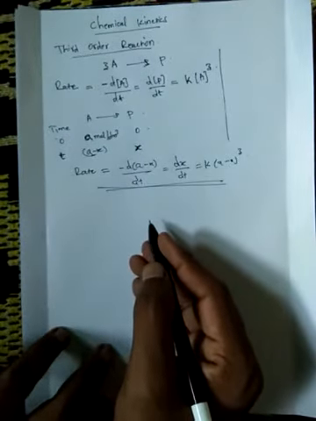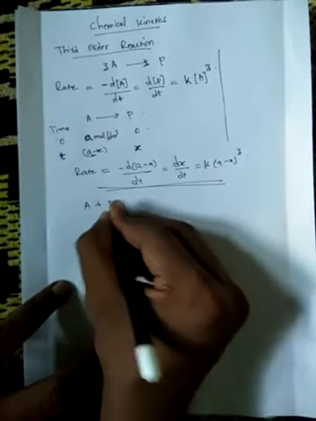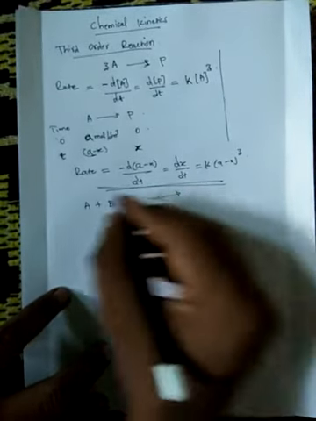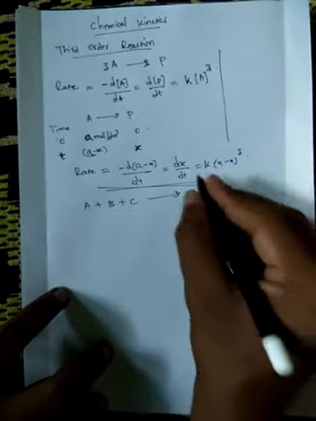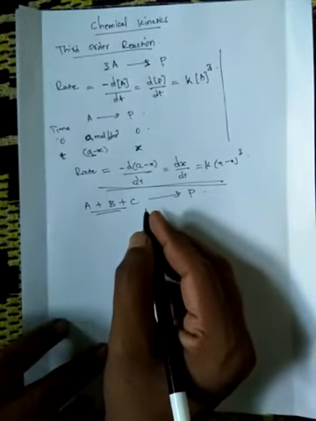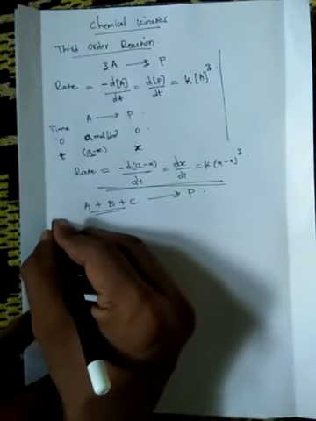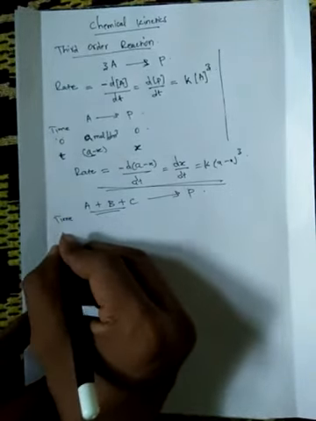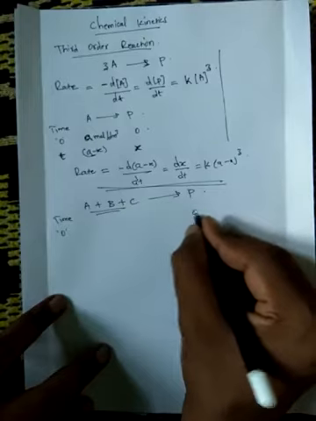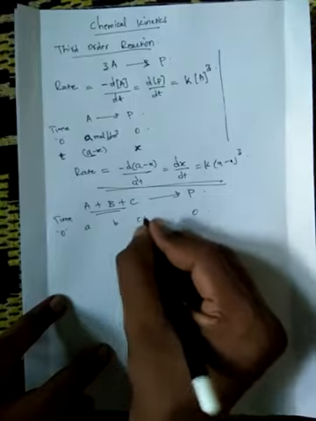And for a third order reaction, this type of reaction is also possible, where three different molecules are involved. For this reaction also you can write a rate expression. At time 0, the reaction is yet to start, product formed is 0, reactant A is A mole, B is B mole, C is C mole.